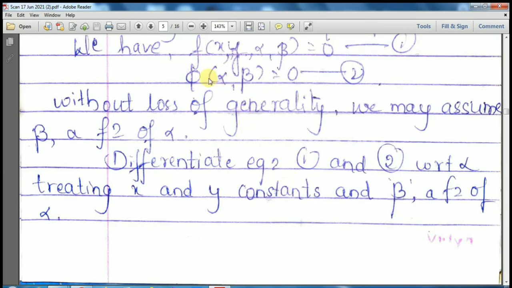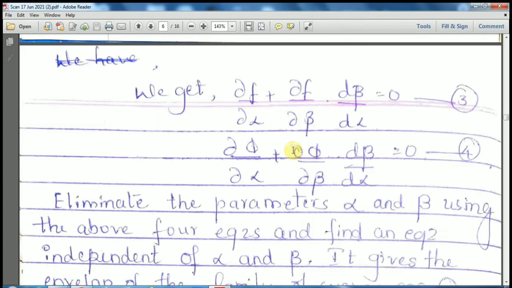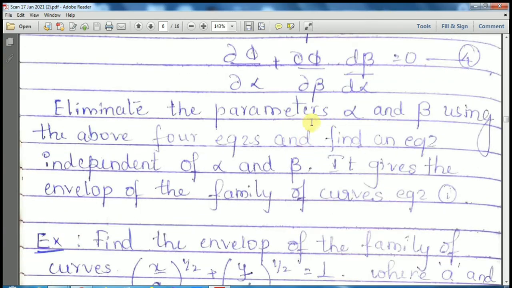Now, solving this, we need to differentiate equation 1 and equation 2 with respect to alpha. But we know that beta is a function of alpha, therefore alpha is the only independent variable here. So by differentiating, we get two equations in two unknowns, alpha and beta. Alpha and beta are the parameters.